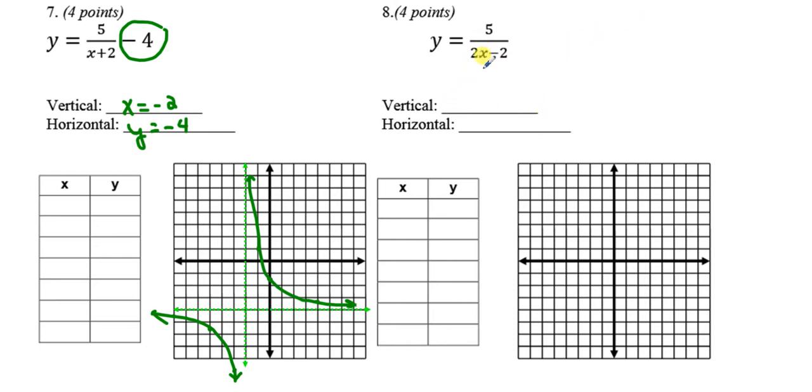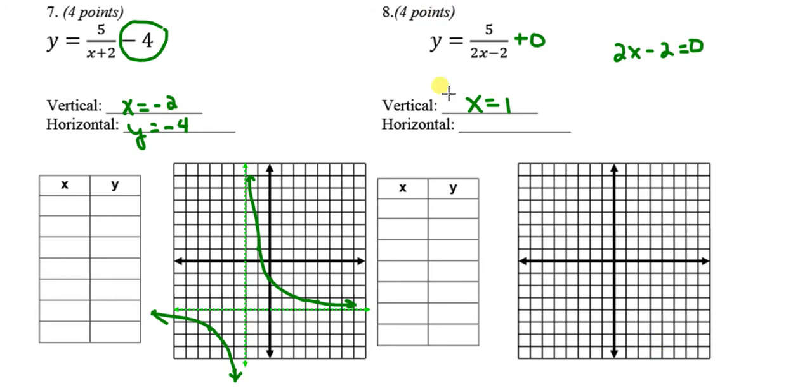This one, the vertical is a little tricky, well, actually both of them are a little tricky. The vertical is whatever makes the denominator equal to 0, so 2x minus 2 equals 0. And if you solve that, you add 2 and then divide by 2, and x is going to equal 1.